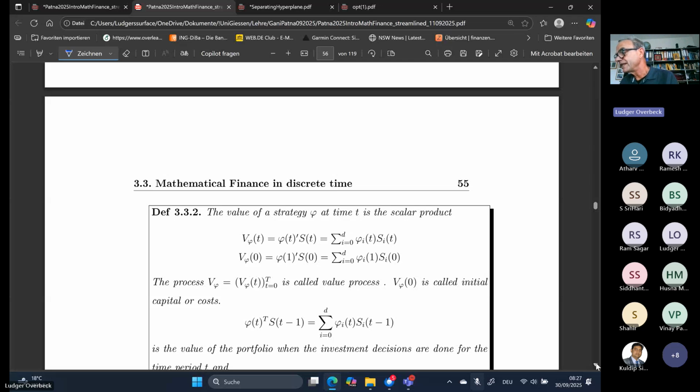So V_t, because phi_t is F_{t-1} measurable. These are decided before, so the value at time 3 is the value before you make your new investments.